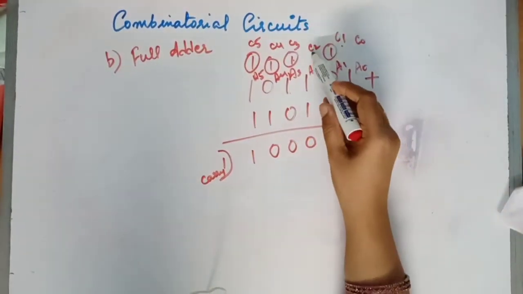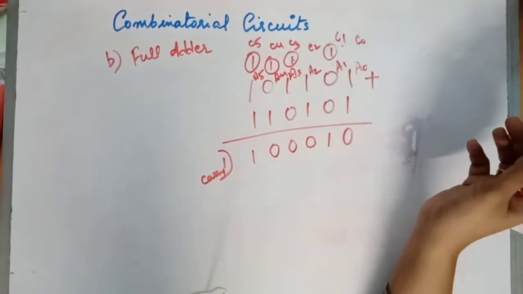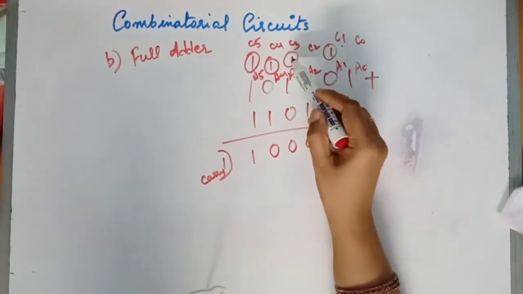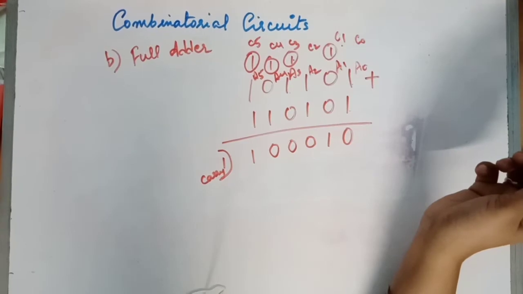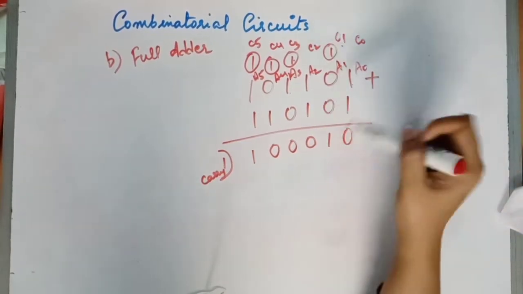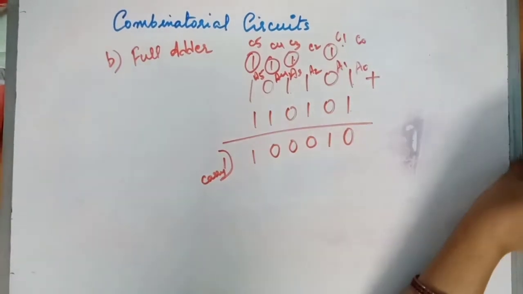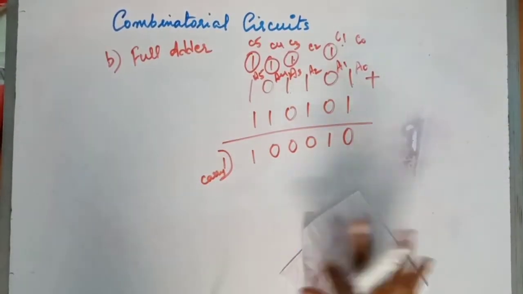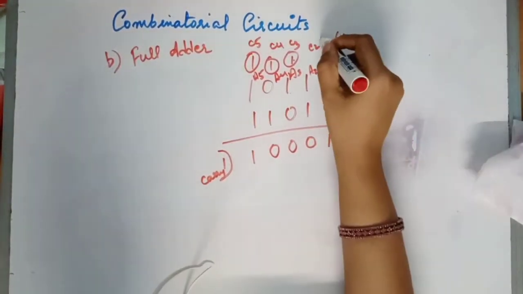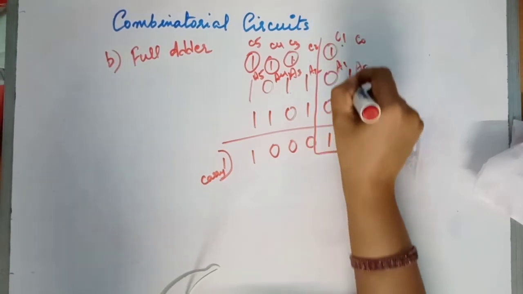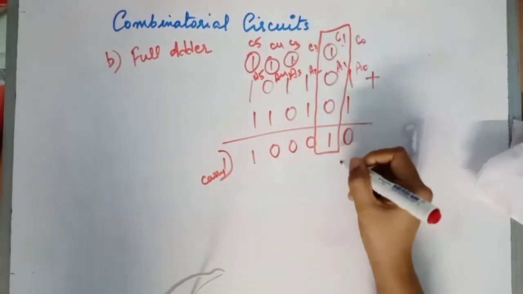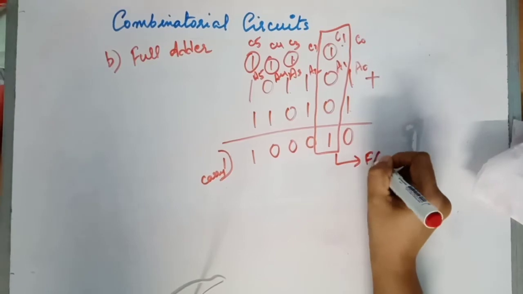So if there is no carry, then that carry is taken as 0. If there is a carry, then that is a 1. Okay, so we'll deal with the multiple bits later on. So this is the concept, that is, this particular one stage is represented by a full adder.